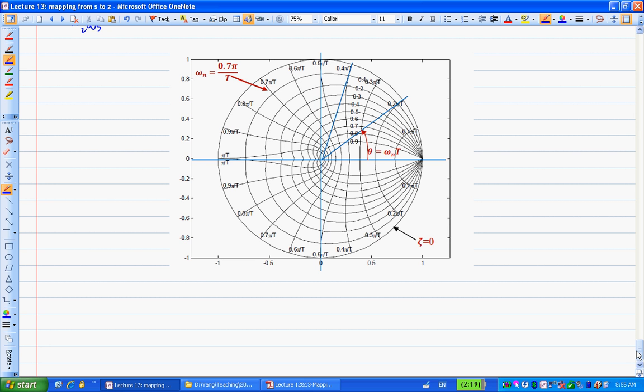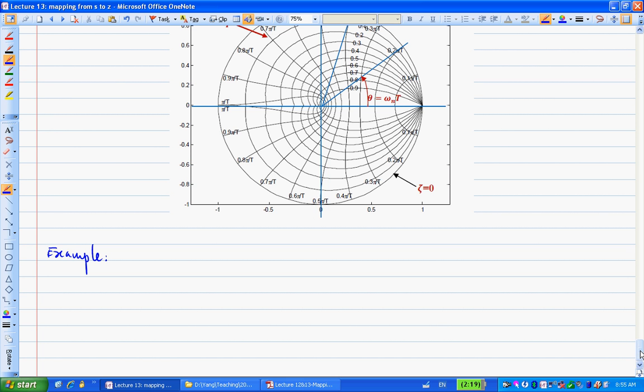So let's make use of one example to take a look at this. Now suppose that you're in your continuous domain, with some design specification.